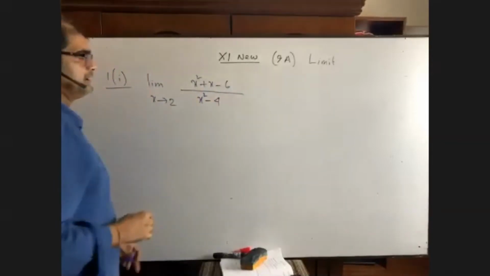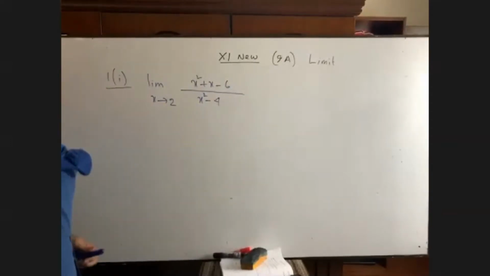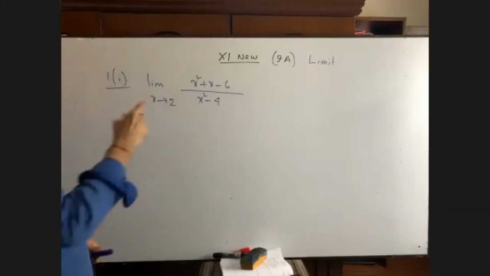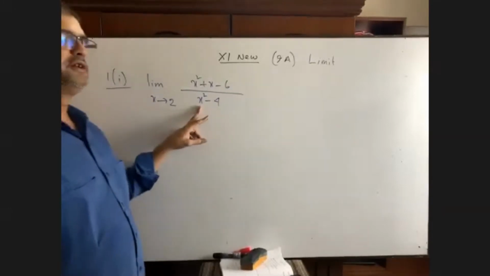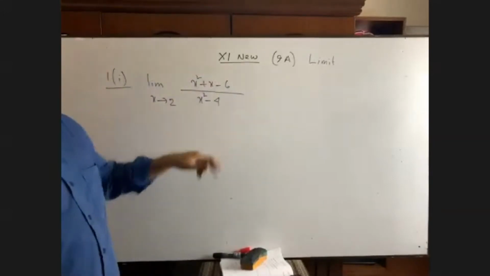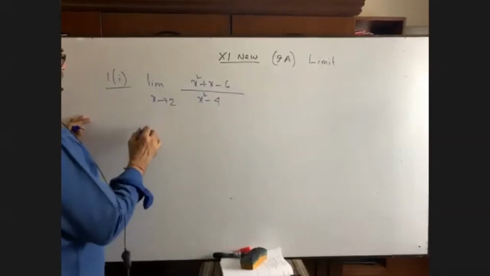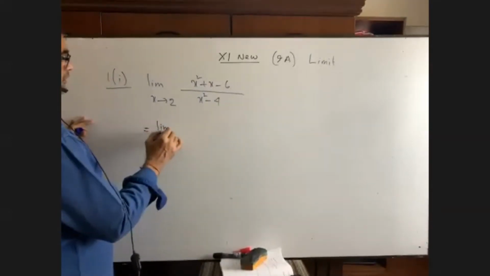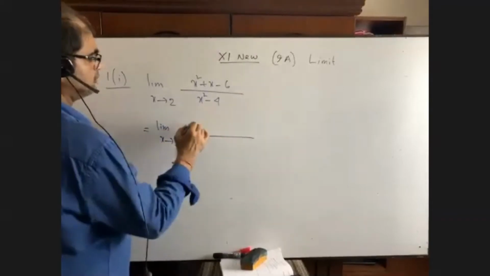Now see, my dear students, x tends to 2, that means x has a tendency to become 2. If x equals 2, then 2 square means 4, 4 minus 4 equals 0, so we are getting something by 0. So we cannot do our math like this. So what should we do? We have to write x tends to 2.